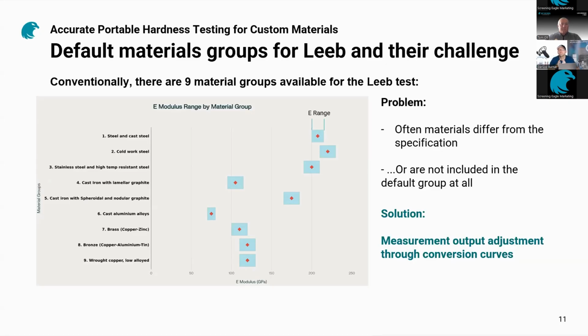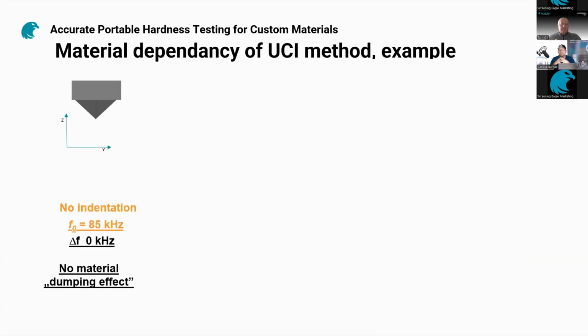So these are non-standard materials and you cannot have sometimes ideal solution for that. So this is a challenge when you want to be as accurate as possible, and the solution is simply you need to adjust the measurement output to have a correction, and those are done through conversion curves. So over to UCI right now.